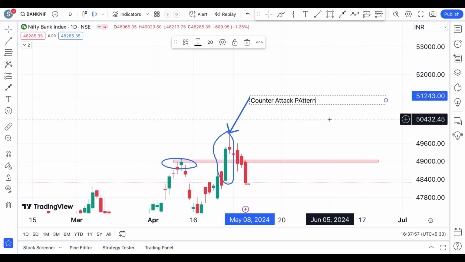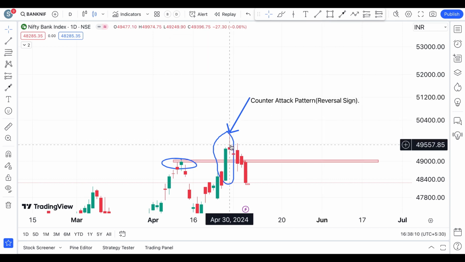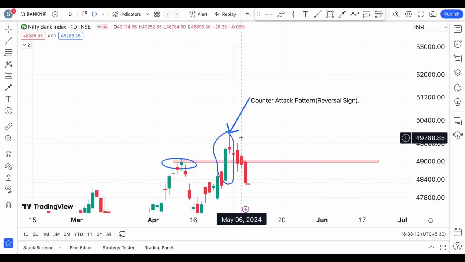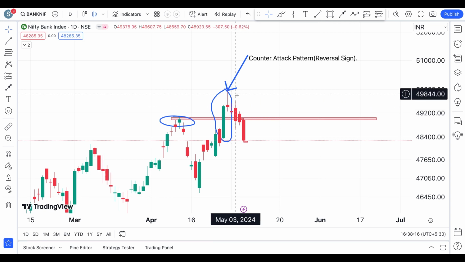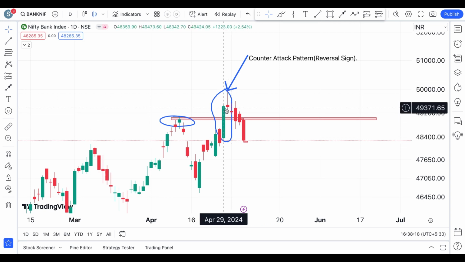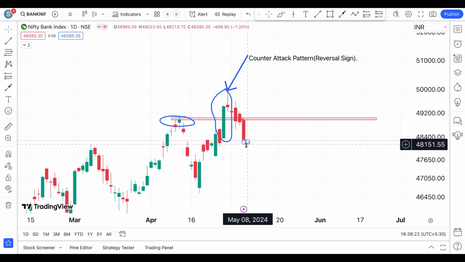This is a counter attack pattern candlestick formation, which is a reversal sign. On April 30th, as soon as this gave us this pattern, we identified it, and we had a doubt that this trend may continue further, and that's what is happening in the market right now.